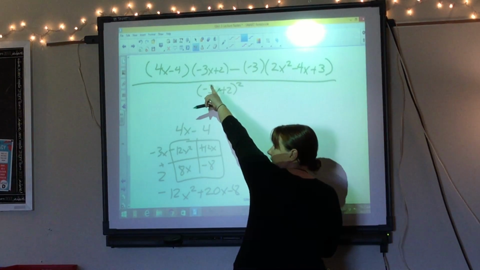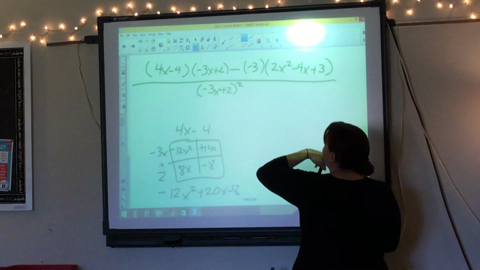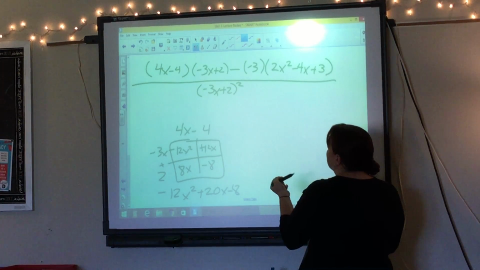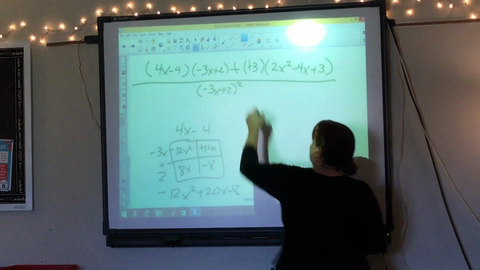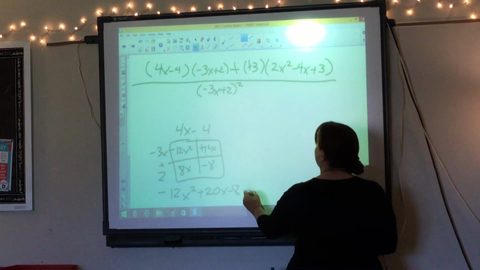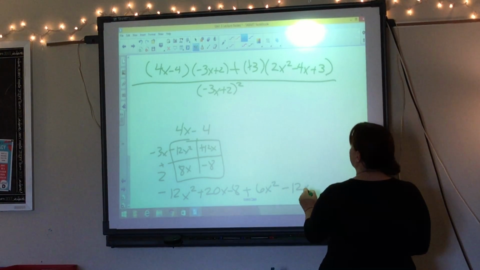That's this thing, right? Then for this one we don't really need FOIL or anything. We just need to multiply everything by negative 3, and since we're subtracting, we multiply everything by positive 3. So we add 6x squared minus 12x plus 9.